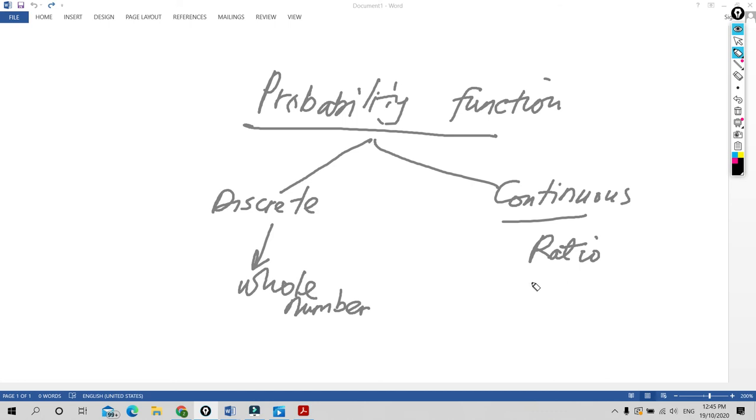It's continuous. So for the probability function we have discrete and continuous. For discrete we always use the symbol of summation, and for continuous we always use the symbol of integration.